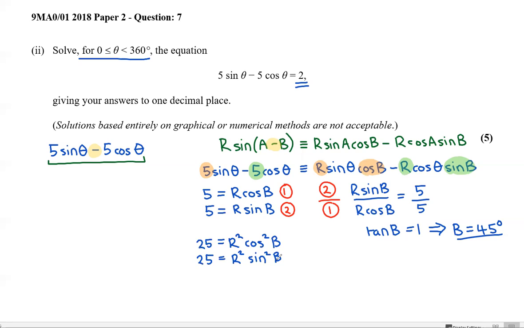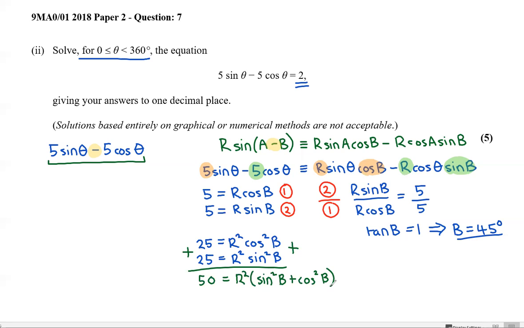If you add the equations together, we would get 50 would be equal to r squared, and then we would have sine squared b plus cos squared b, which is of course 1. Okay, so we have r squared, which is 50, so r is root 50.